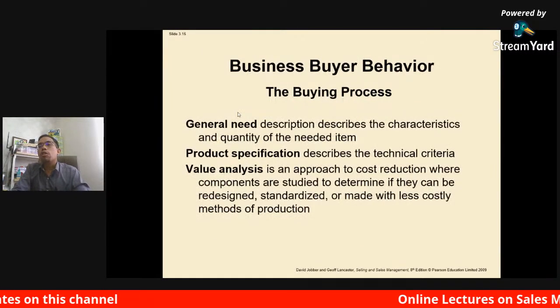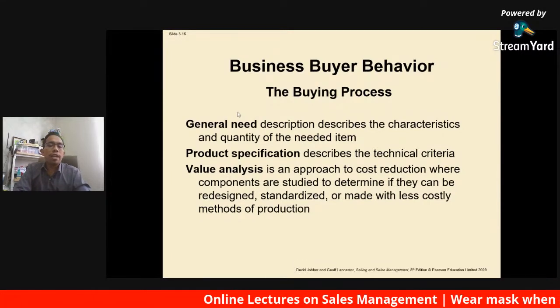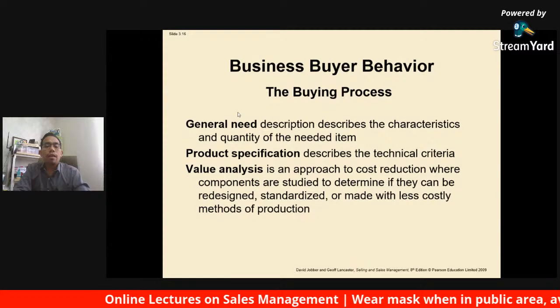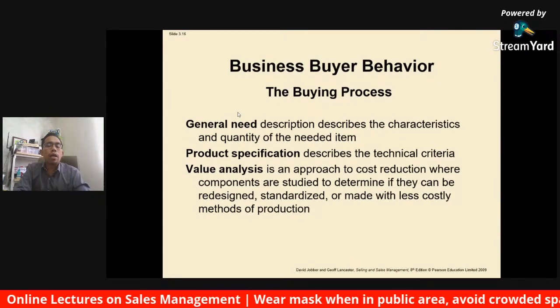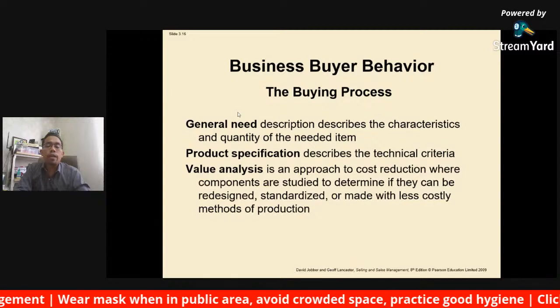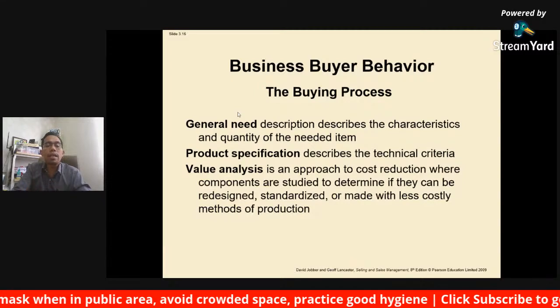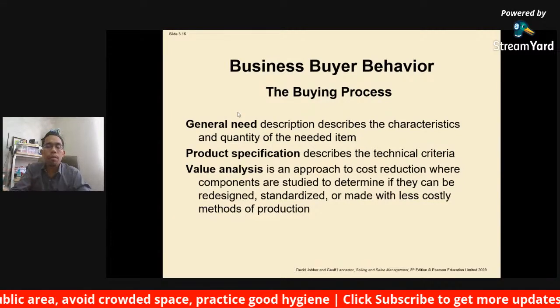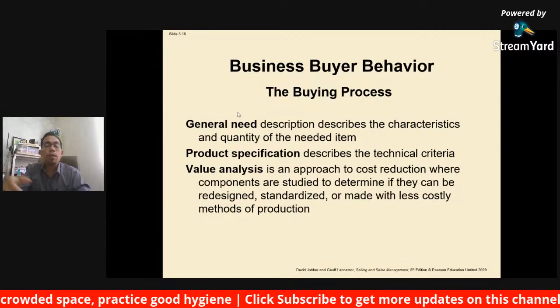All right. So the general need, the product specification, and value analysis will be done with the members in the committee. Someone who is an expert in engineering will speak from the engineering perspective.